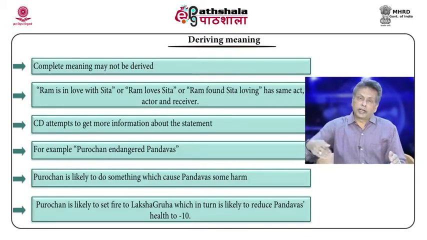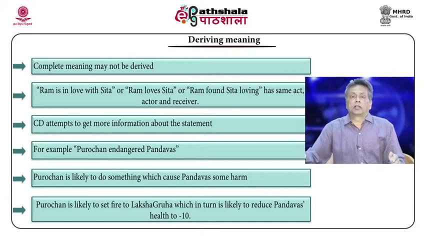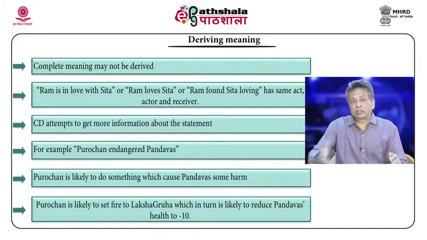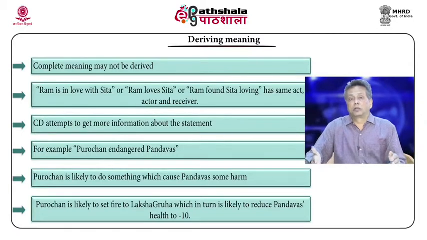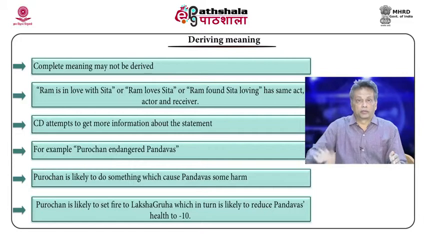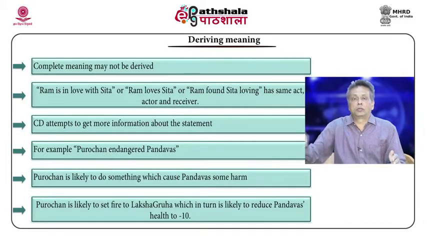If the proper statements are there before this particular statement is invoked, the CD representation will probably be such that Purochan tried to burn Laksha Gruha to make sure Pandava's health becomes -10. Now, you may be surprised, but it is called health equal to -10 in CD.